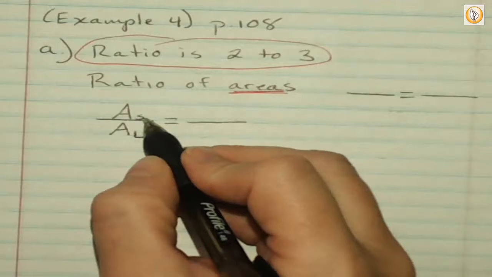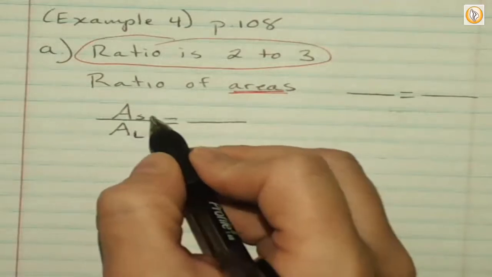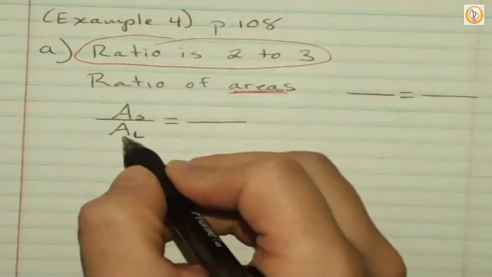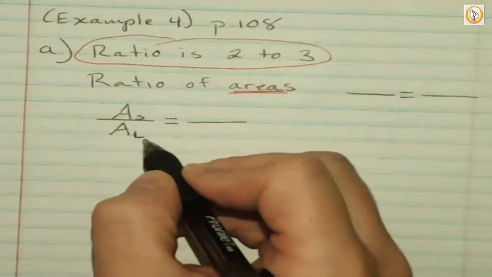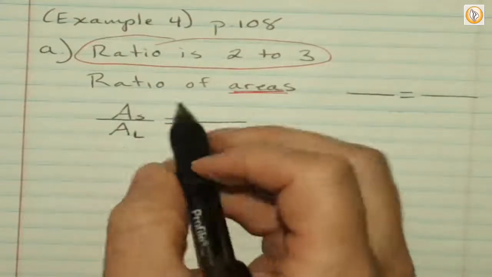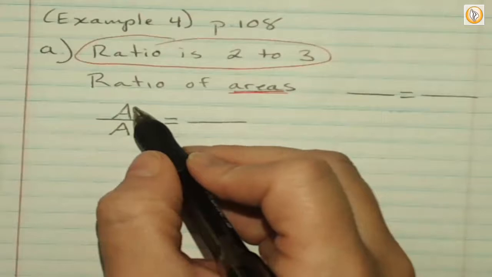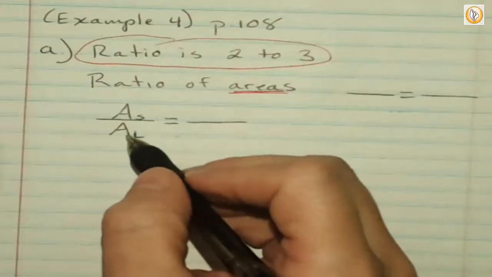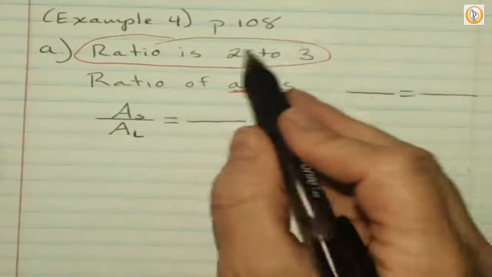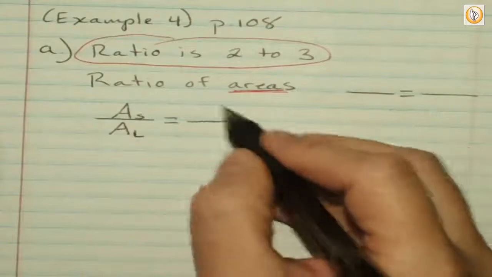A with the little s is the area of the small one, which we don't know, and A_L is the area of the large. So we're setting it up just like we did before. Area of the small is on top this time, area of large is on bottom. We're going to put this ratio in here.